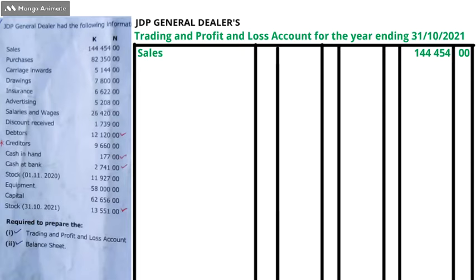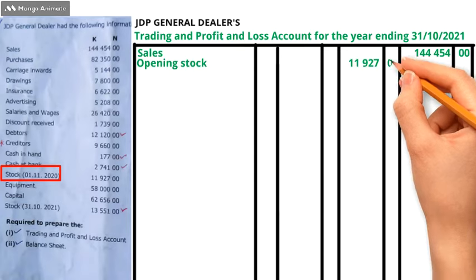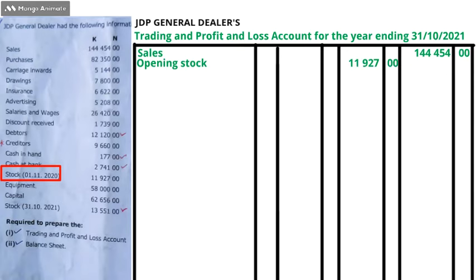Let's go and check for opening stock. Opening stock is on 1st November 2020, which is 11,927.